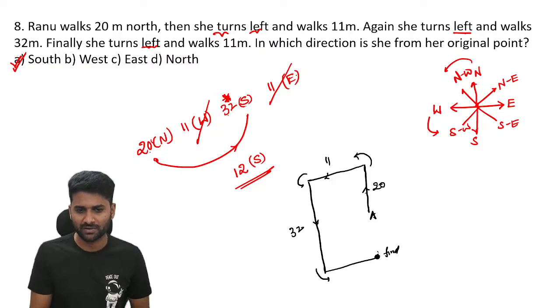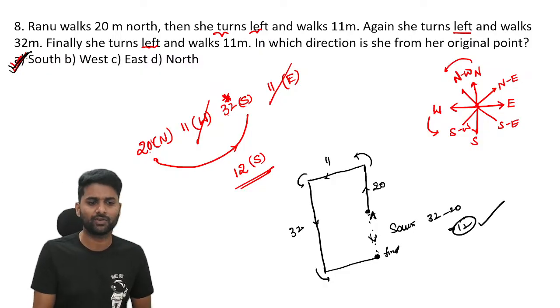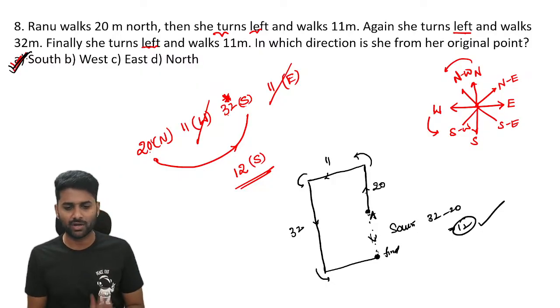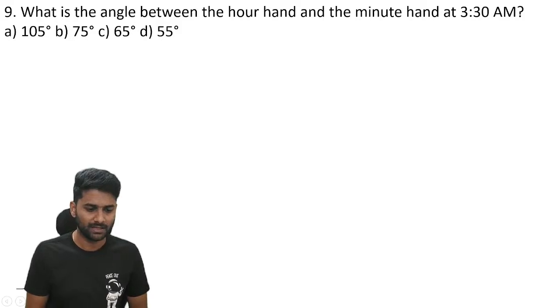Now the question: in which direction is she from the original point? This is the original point and this is the final point. If you draw the line, the direction is south. If you want the distance, 32 minus 20, the answer is 12. You can use any one of the methods, either equations or picture wise. Next.